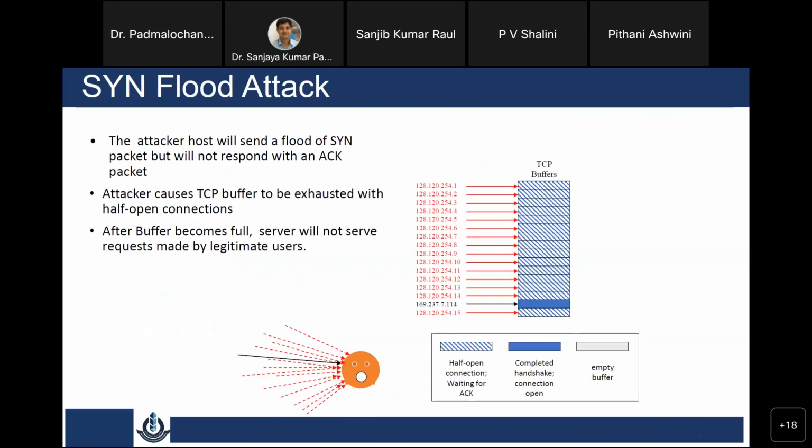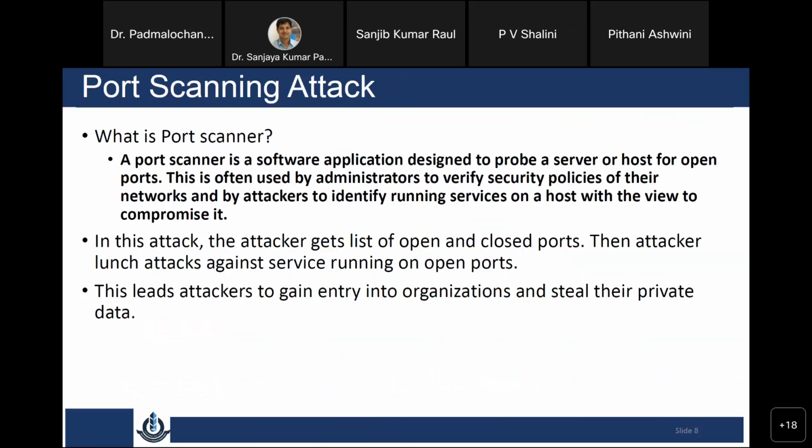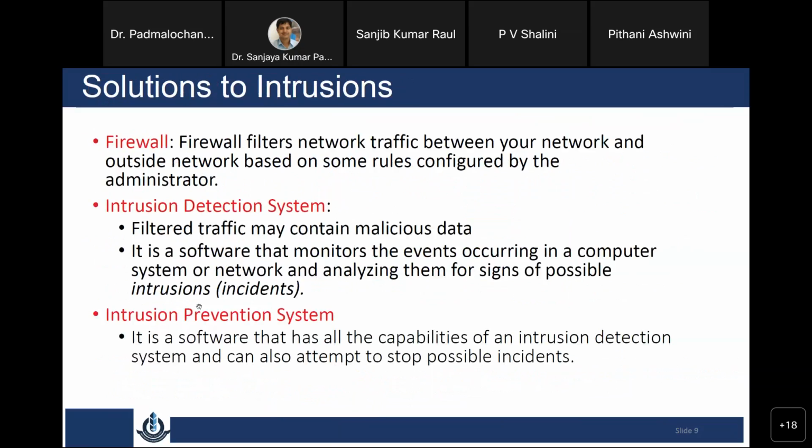examples. So if we look at the solutions to these intrusions, mostly there are three forms of solutions. One is a completely different area of study because of its vastness, that is cryptography.